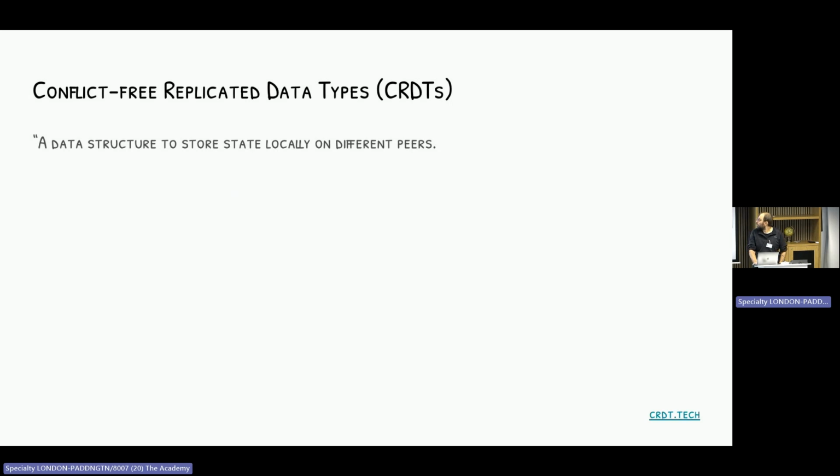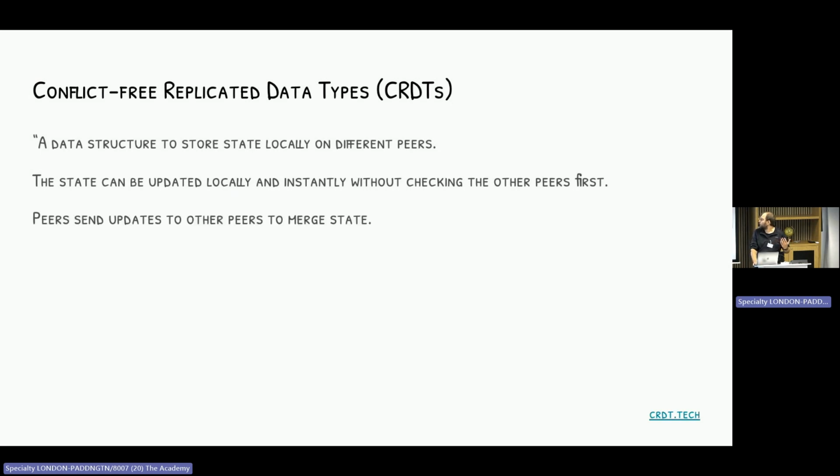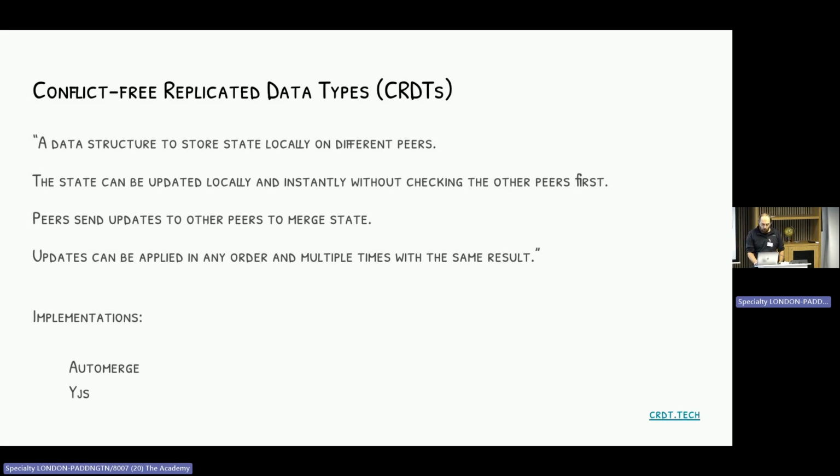The data structure stores state locally on different peers. This state can be updated locally and instantly without checking the others first. Peers send updates to other peers to merge state, and updates can be applied in any order with the same end result. There are two prominent implementations, AutoMerge and YJS.